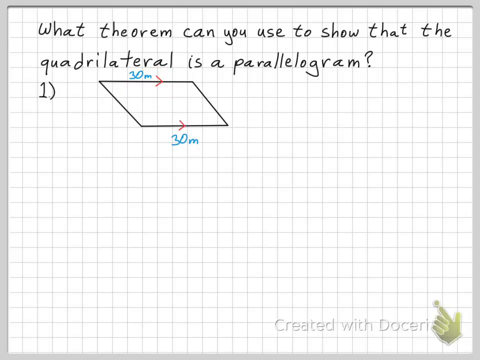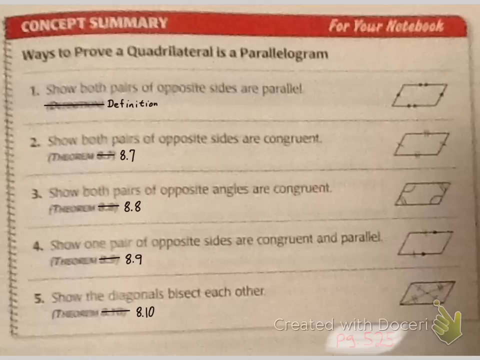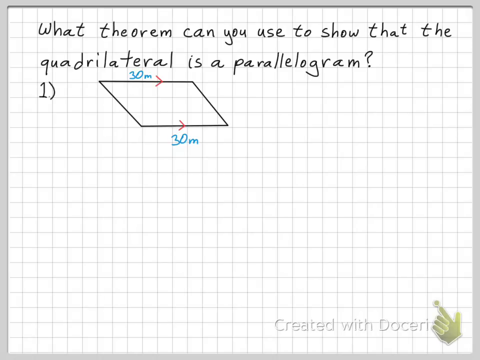Well, they're saying that they're congruent because it's 30 meters and 30 meters. And they're saying that they're parallel because of the 2 chevrons. So I have one pair of opposite sides being congruent and parallel. So I'd go back and say, one pair of opposite sides are congruent and parallel. That's Theorem 8.9. So it must be Theorem 8.9.